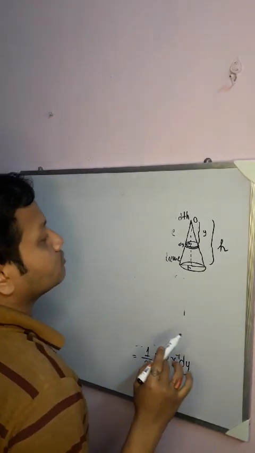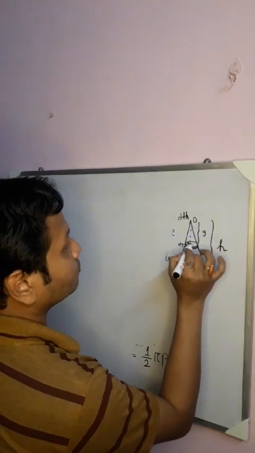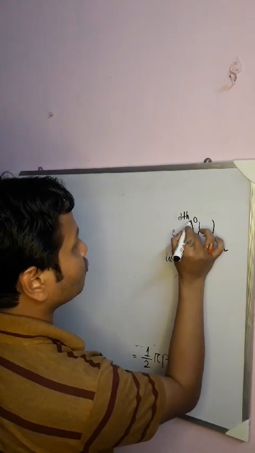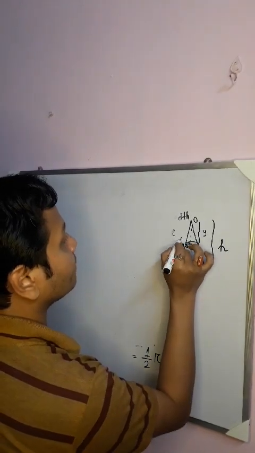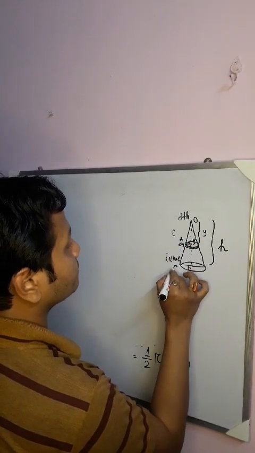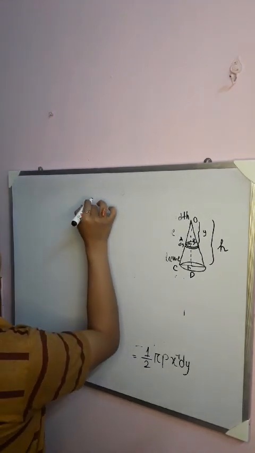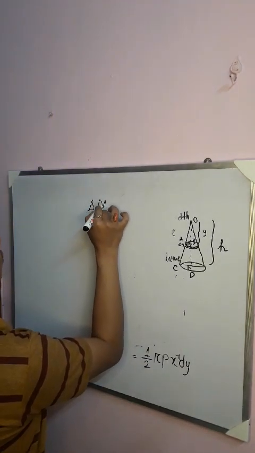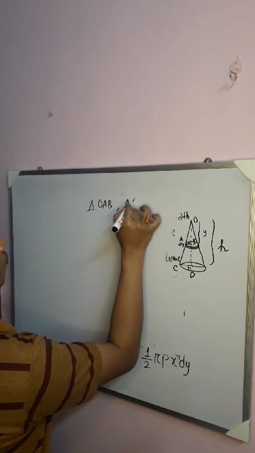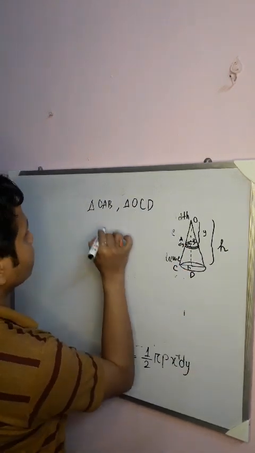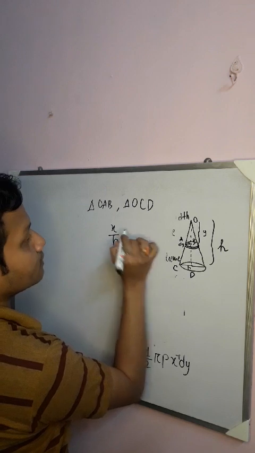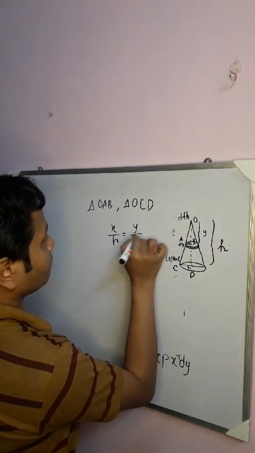Now from this small triangle and this triangle, if you give them names, O A B C D, take these two triangles OAB and OCD. This by this, that means x by r, equals this by this, that is y by h.